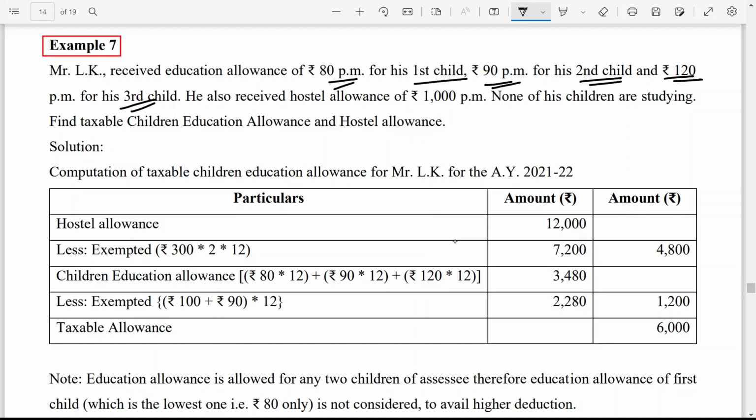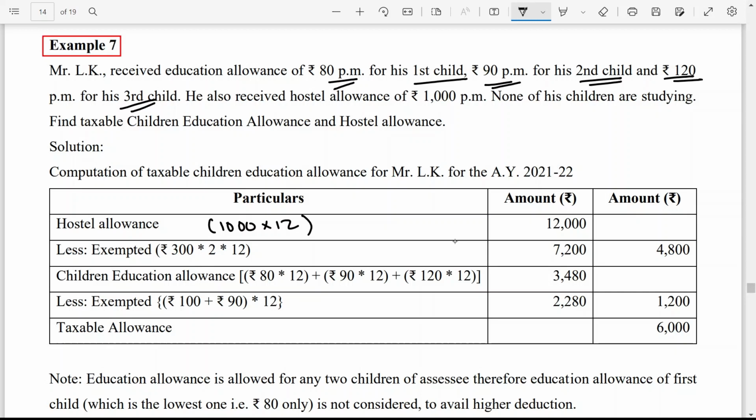Computation of taxable children education allowance for Mr. LK for the assessment year 2021-22. Now hostel allowance, how much has he received? 1000 per month, multiplied by 12, that is 12,000. Now, what is the limit in case of hostel allowance?